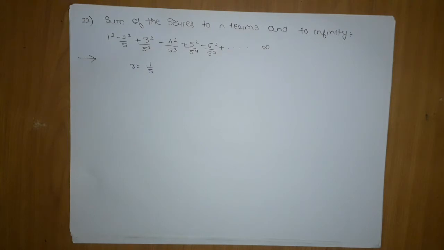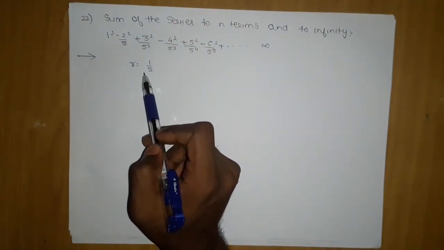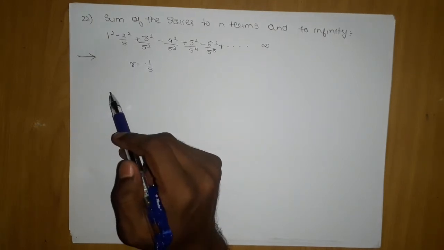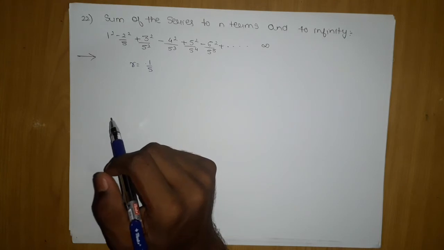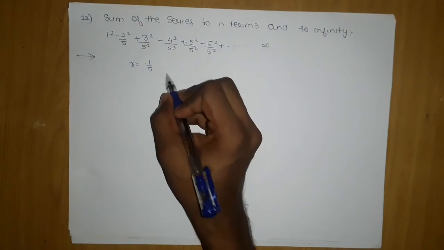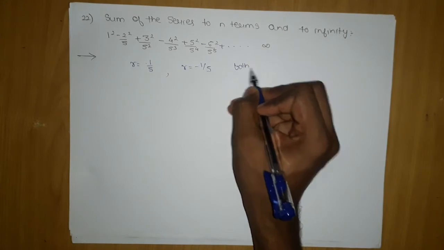Now what we are going to do is multiply throughout by 1 by r, because I can see that if I multiply it, I have minus 2. If I take r equals minus 1 by 5, you can solve either by r equals minus 5 or r equals minus 1 by 5. Both ways are correct.